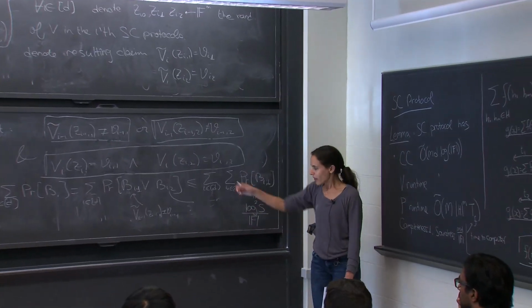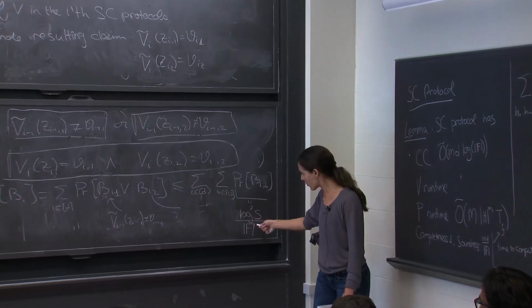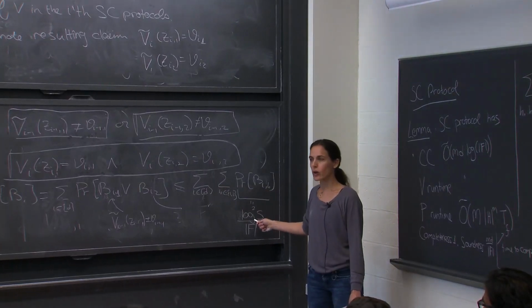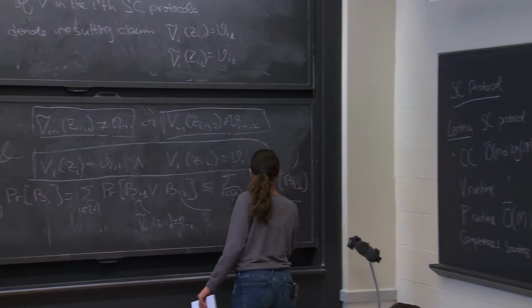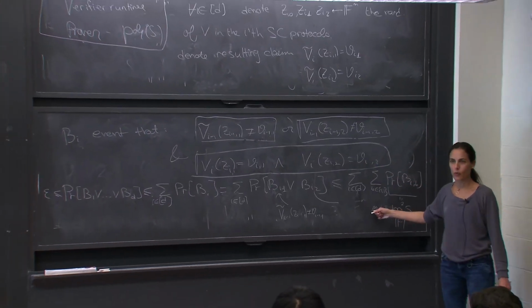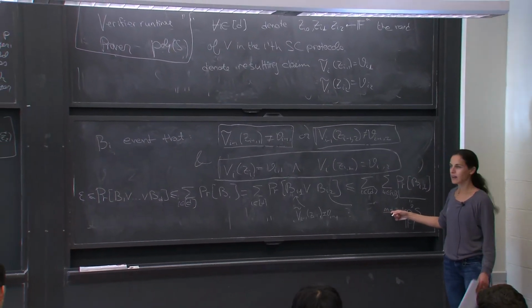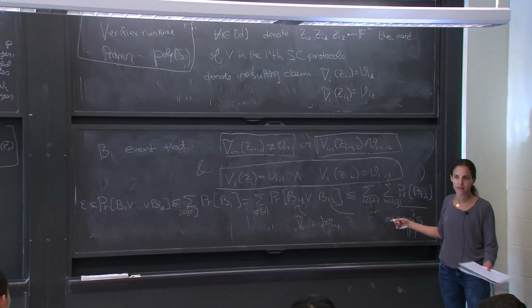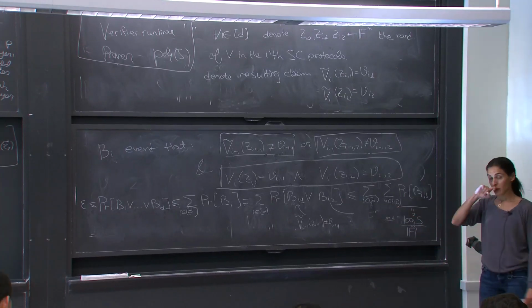So really, the probability you cheat, epsilon, is smaller than log squared s divided by |F|. Log squared s is just m times d for us, because m is like log s, and d is h minus 1, which is log s. So essentially log squared s over |F|.